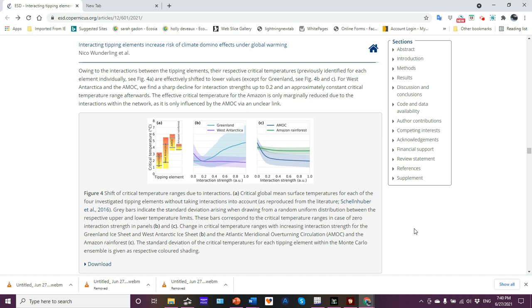So all the other interactions working together, the temperature decreases that would initiate a transition state. Except for Greenland, with Greenland the critical temperature to initiate a transition state increases.